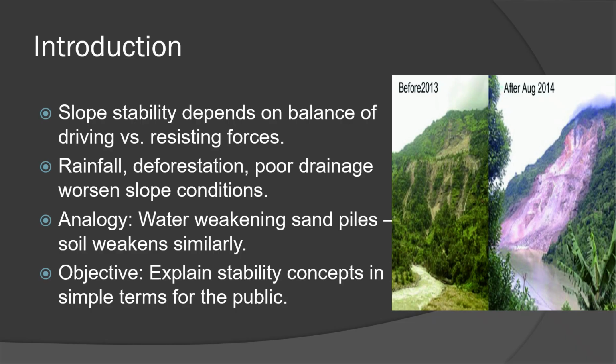I like to use the analogy of the sandcastle. If you pour water on a pile of sand, it holds for a second, but eventually it turns into a soup and collapses. Soil does the exact same thing. So my goal is to explain that mechanics in a way that regular people can understand. Also, this picture is from the Jure landslide that happened in 2014 in Nepal.